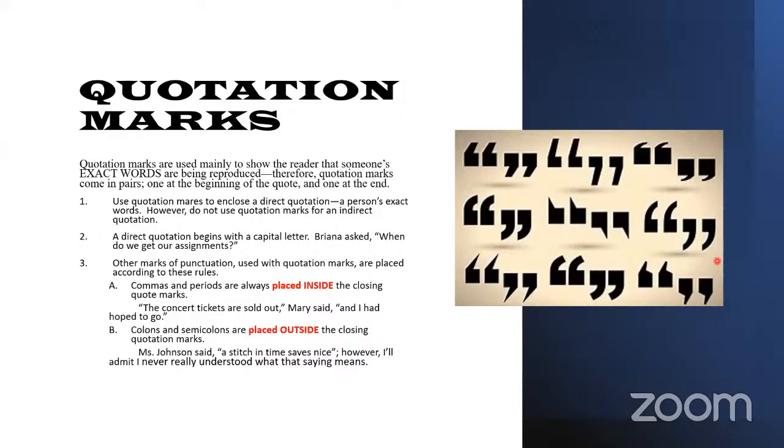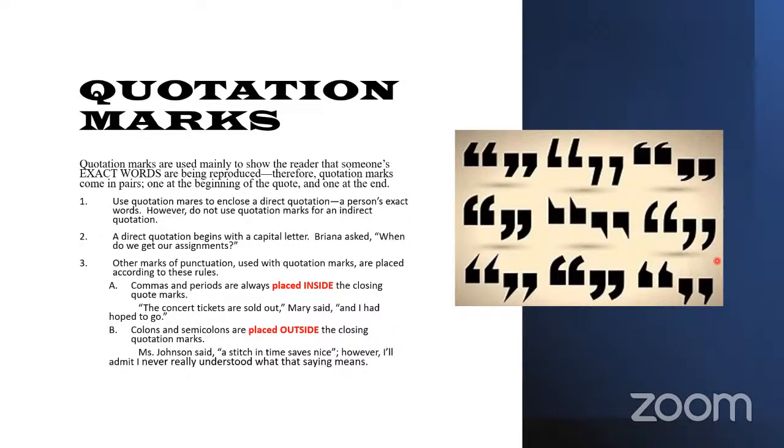For example, Mrs. Johnson said, "A stitch in time saves nine"; however, I'll admit I never really understood what that saying means, okay? We're using the semicolon because we have the word however, and we finished with the independent clause.